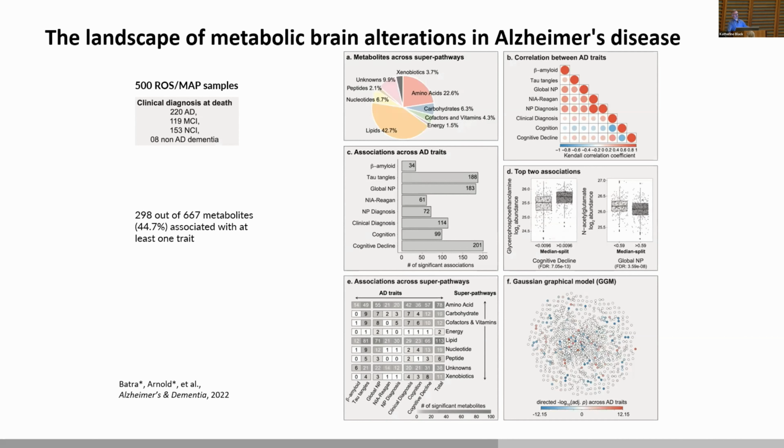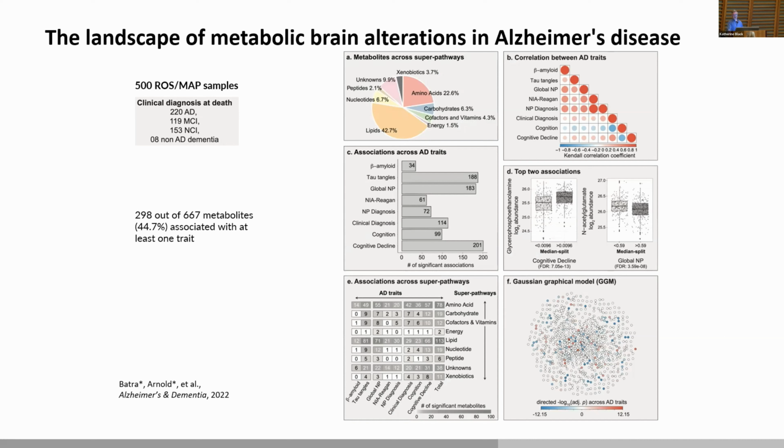On the top right, we have various clinical parameters that were heavily discussed and scrutinized together with our clinical collaboration partners, especially David Bennett from Rush University, related to the pathology that these patients had in their brains, also cognition during lifetime and memory decline before death. And then you see that about half of the metabolites measured in the brain show associations with these clinical outcomes.